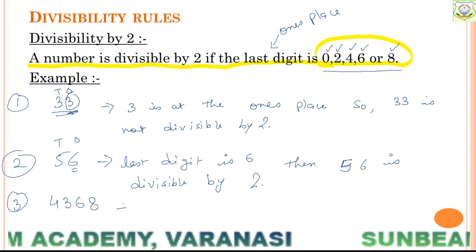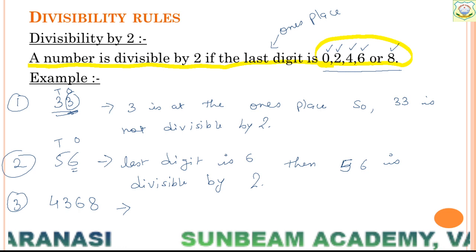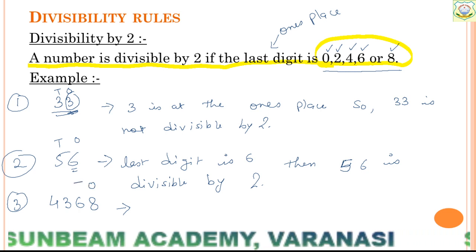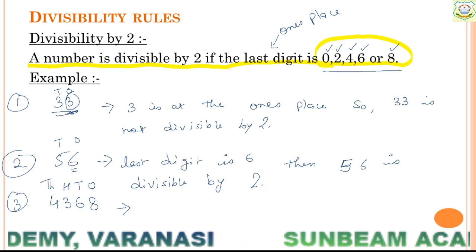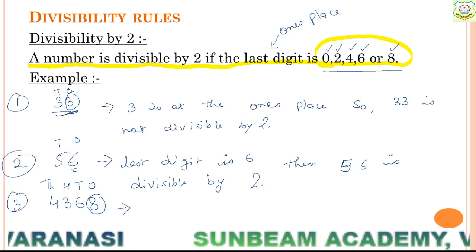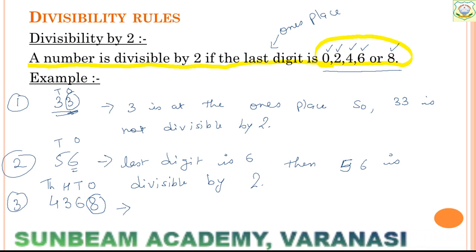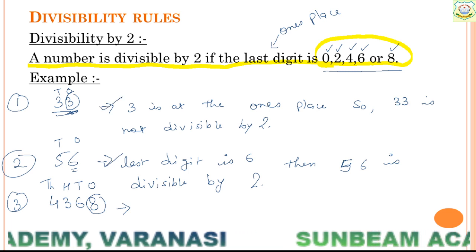4368. I have taken a bigger number, but you don't have to panic because you have to see only the ones place, students. Okay. So here the ones place is 8. That means it is divisible by 2. So what do we have to write? We can write in this way or this way. Both the methods are correct.